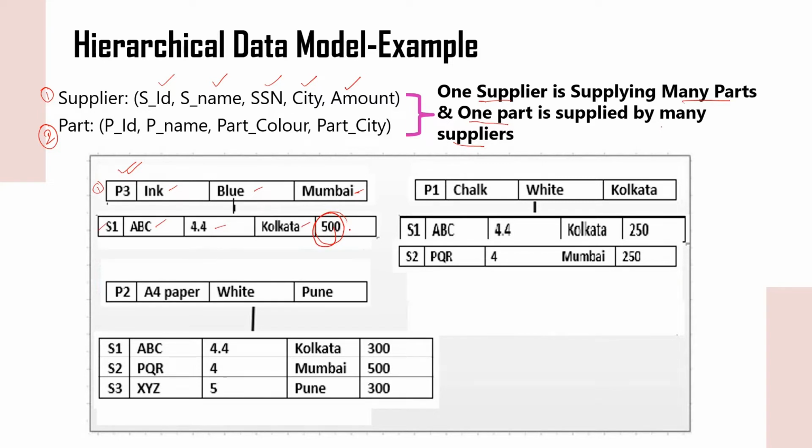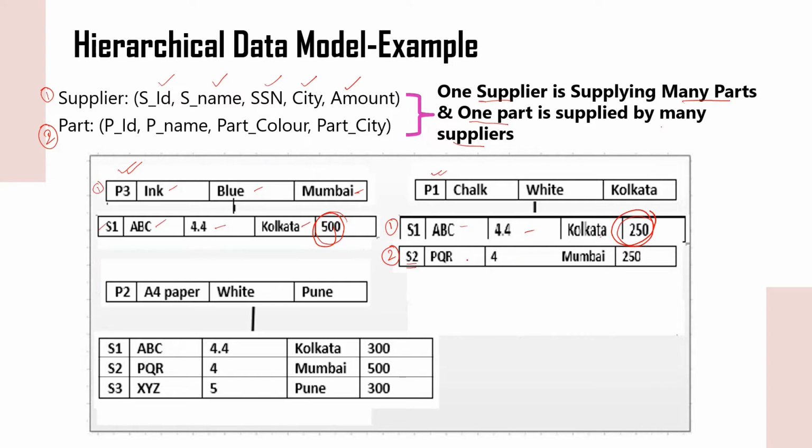Understood? Now, this part P1 is supplied by now two suppliers. Again, I have to repeat S1's record as it is. Only the amount by which S1 is supplying part P1 is getting changed. It is now 250. But all other fields of supplier S1 are remaining intact. Supplier S2 is also supplying part P1.